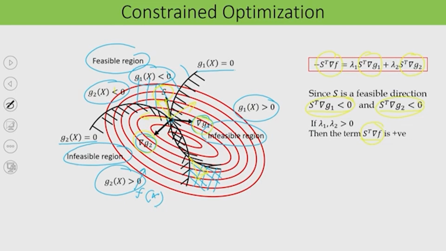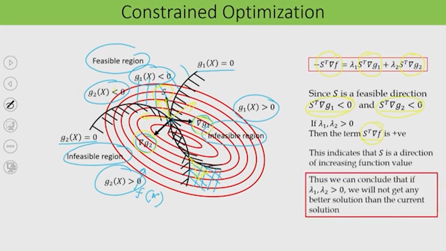Therefore, from here we can conclude that lambda 1 and lambda 2 should be greater than 0 at the optimal point.